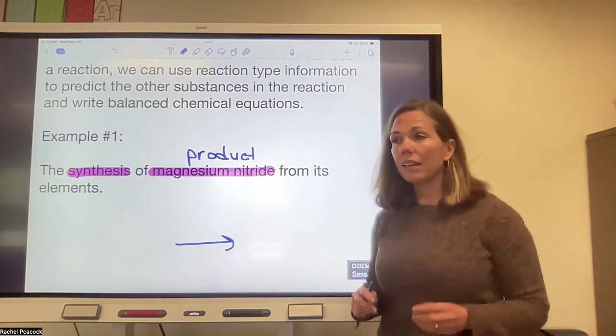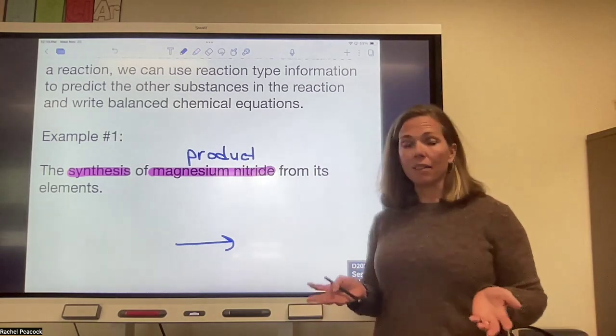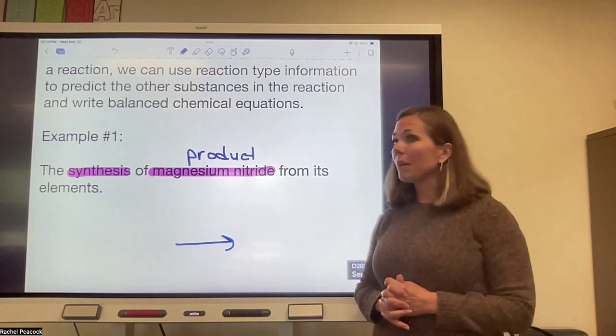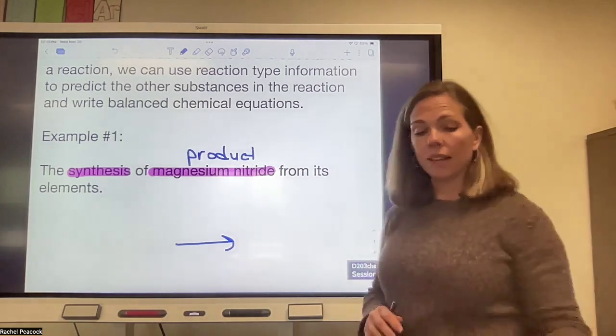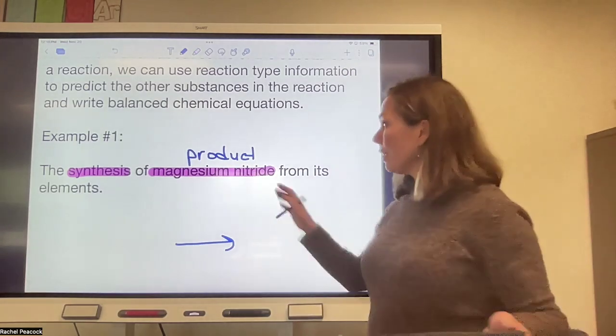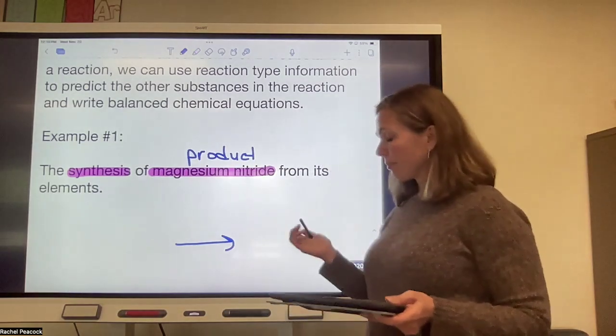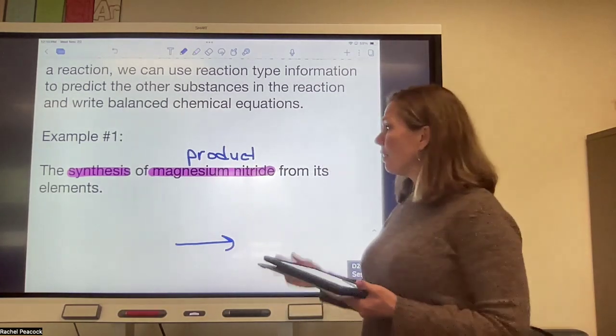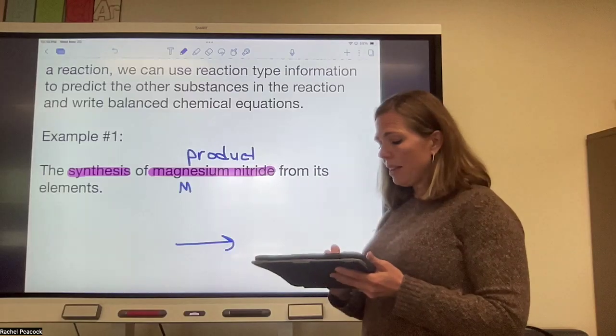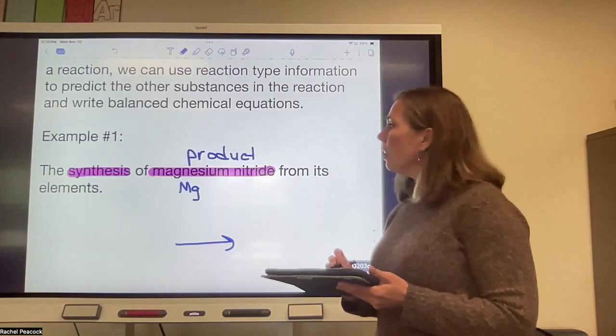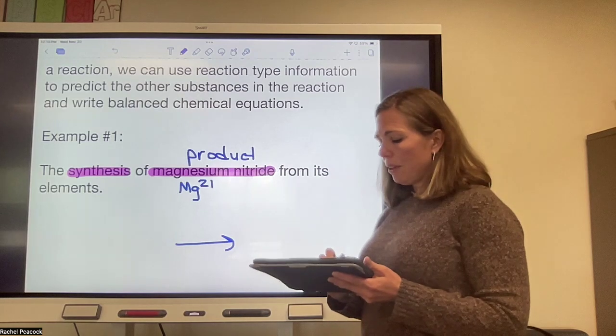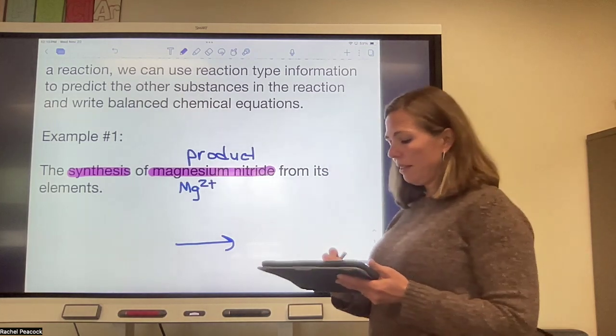However, we have to write it in formula, using the chemical formula. So again, you guys, you're going to be practicing writing those formulas, because if I give you words, you have to translate. So magnesium is Mg. Find it on your periodic table. You should know it's a 2+.